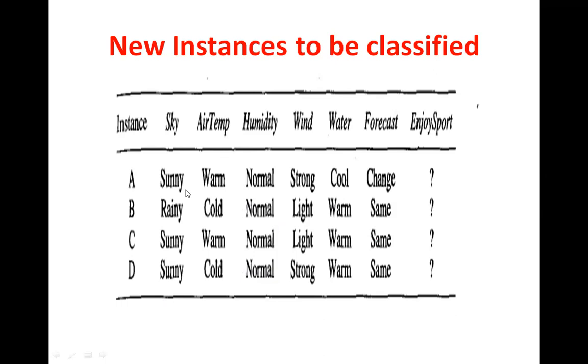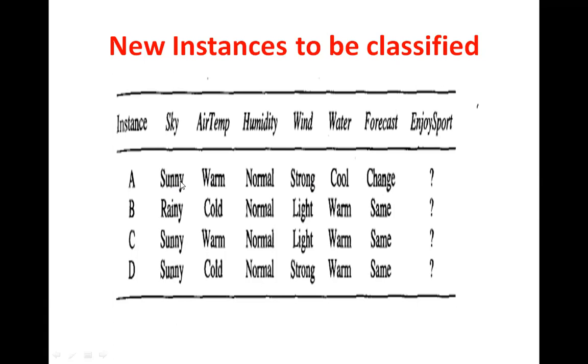Now, I want to find out whether enjoy sport is yes or no. 4 conditions have been given. For these 4 conditions, based on the hypotheses that we arrived at, we have to check whether enjoy sport is yes or no. The first case is sunny, warm, normal, strong, cool, and change. How do you find out?